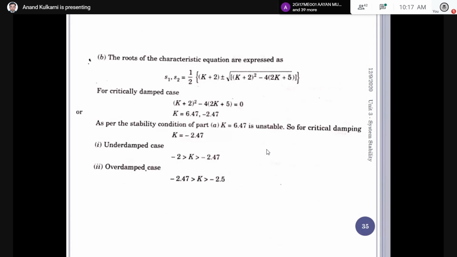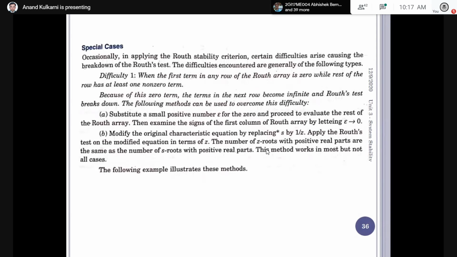Then we have seen special cases. There are two special cases or two difficulties which we commonly encounter. The first difficulty is when the first column element of the Routh array becomes 0. When the first column element of the Routh array becomes 0, you cannot proceed further, because that first column element has to be used in the next iteration.